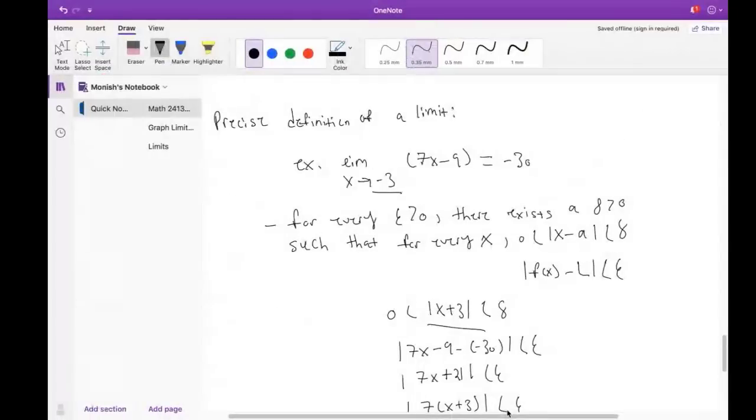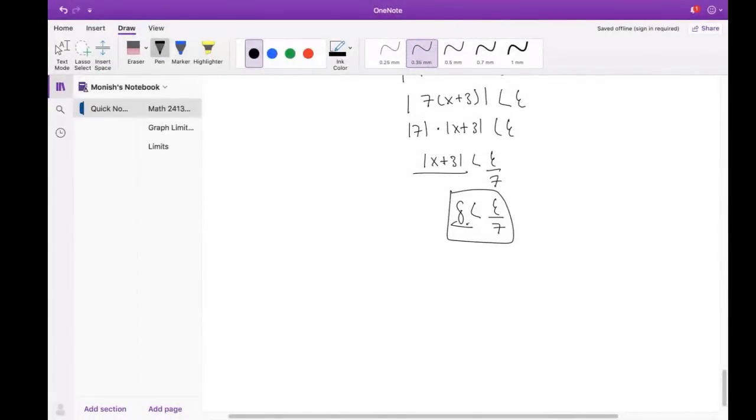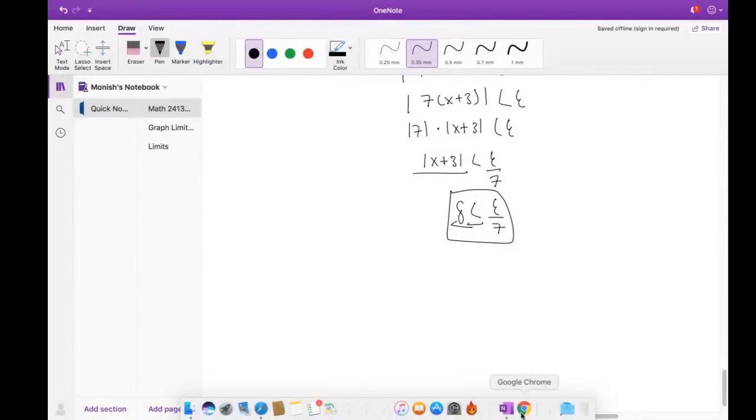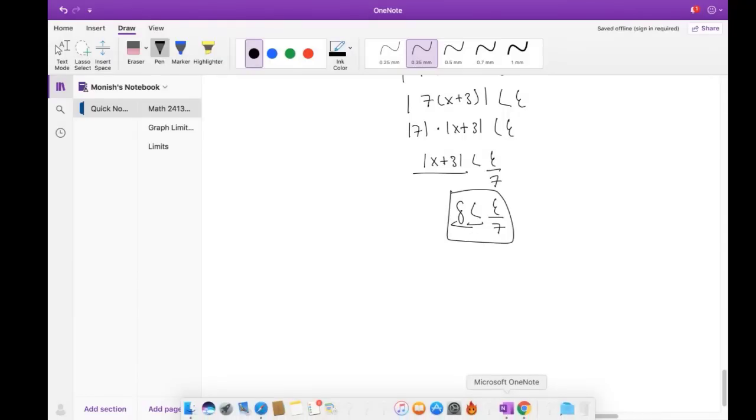So, okay, yeah. When you're doing this last part of the expression, and it wants you to find a corresponding value, it would be less than or equal to, from what I remember. I don't believe it's directly equal to, from what I remember, it was delta is less than or equal to epsilon over 7.